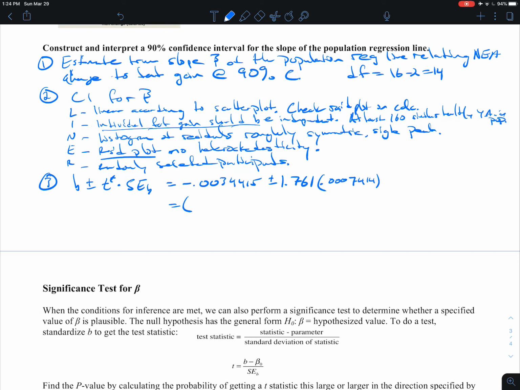When we work this out, we end up with negative 0.004747 to negative 0.002136.